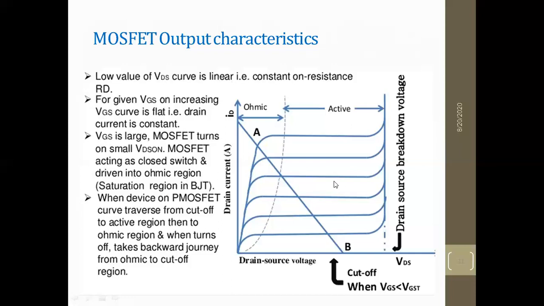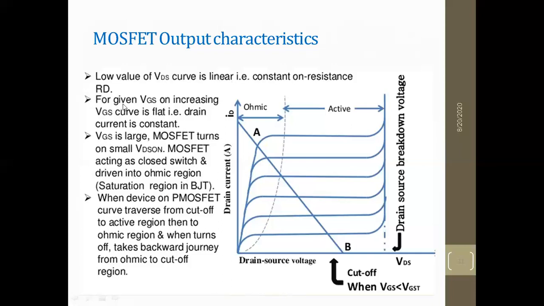But the enhancement type MOSFETs respond to a positive gate voltage only. That way, power MOSFETs are generally of the enhancement type.